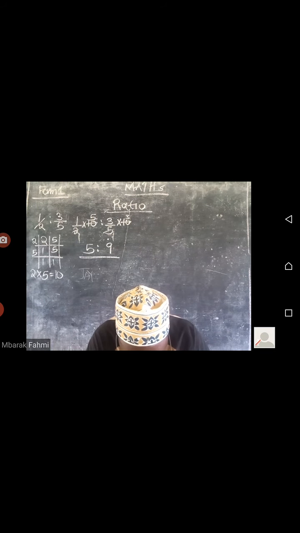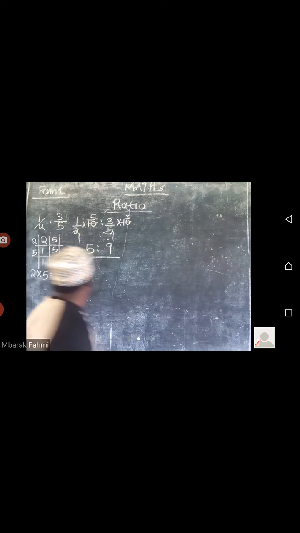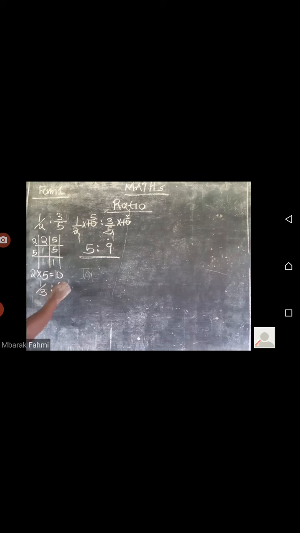When we have a third and 4 over 9, a ratio like this, it is going to be the same as getting the LCM first of 3 and 9.